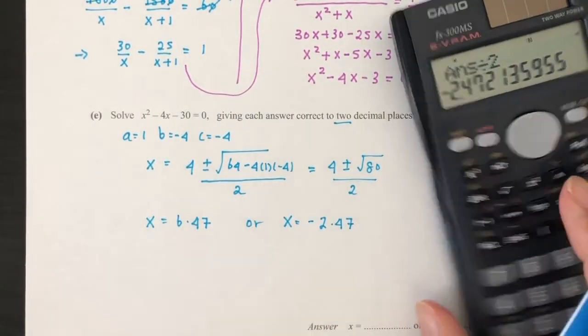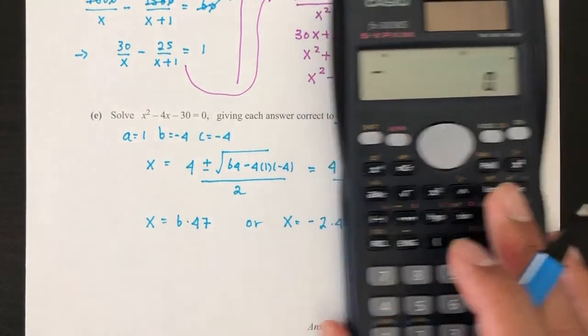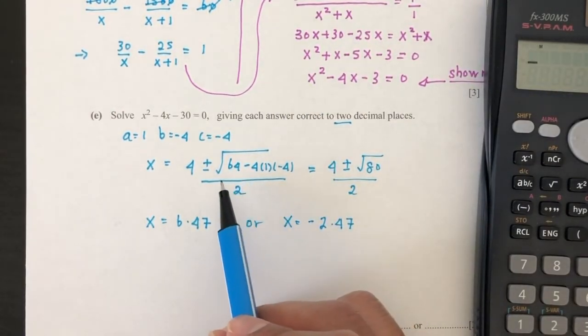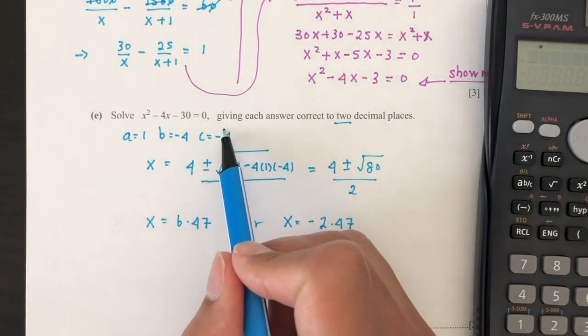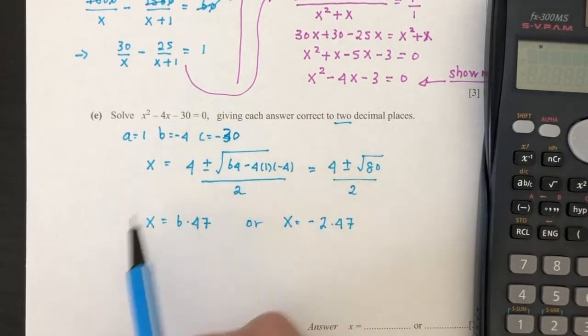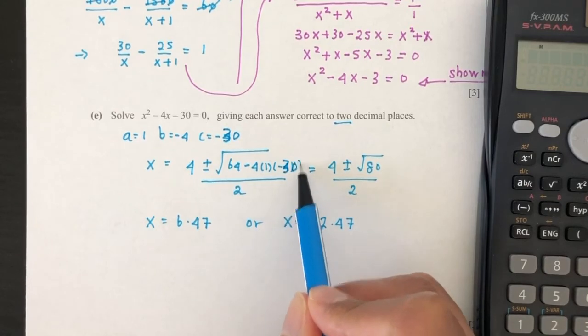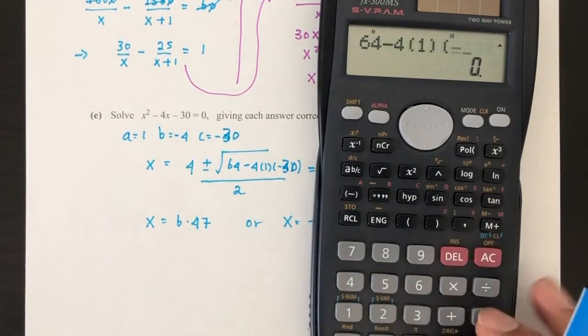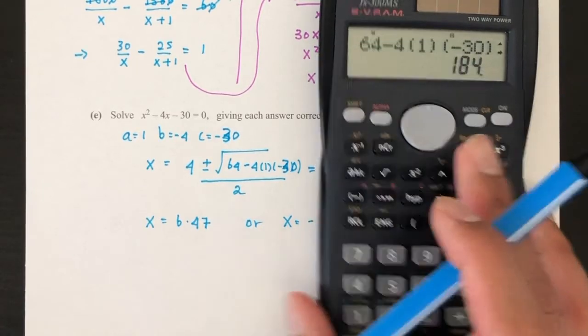So let's verify again. Okay, so I made a mistake here. Pretty silly mistake. C is equal to minus 30, not minus 4. Okay, let's replace again. 64 minus 4 times 1 times minus 30. That becomes 184.